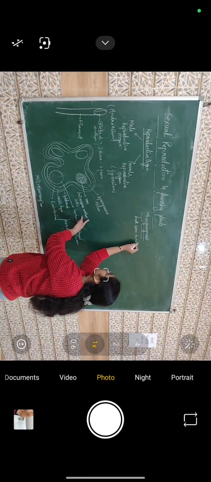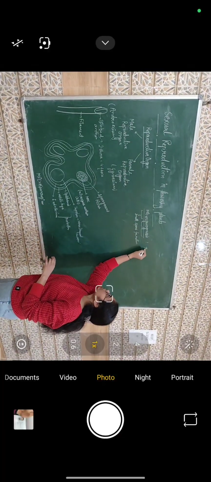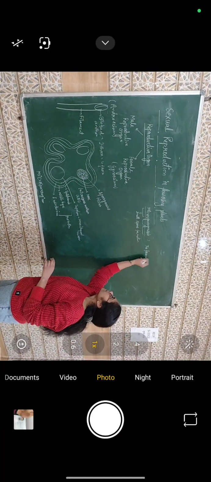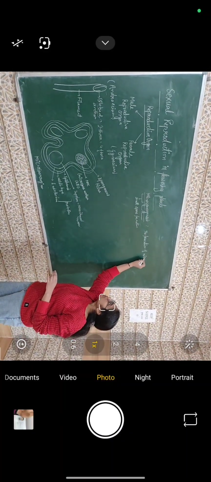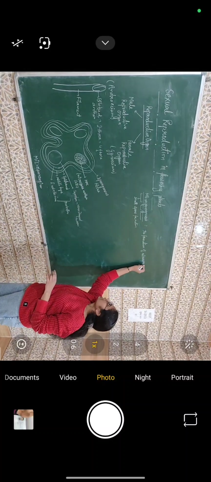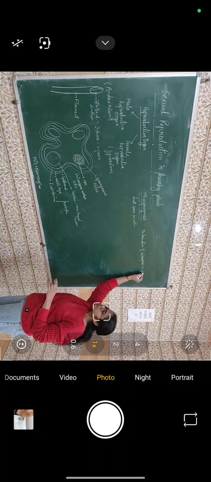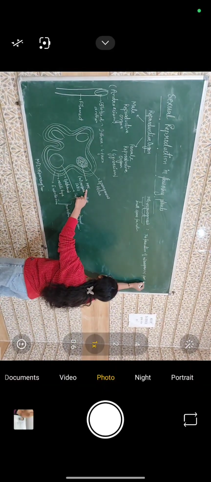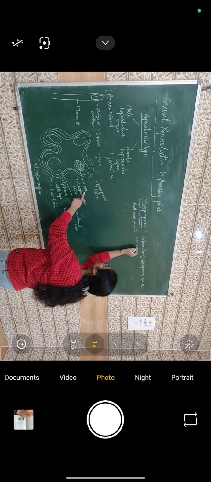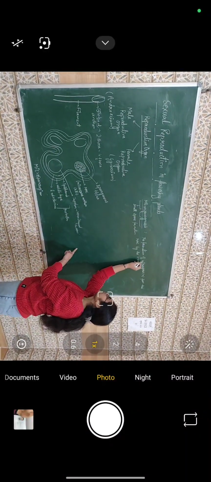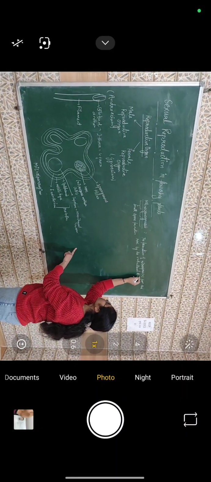So basically it is the formation of microspores, which are typically haploid in nature, from the MMC by reductional division. And reductional division is also known as meiosis.